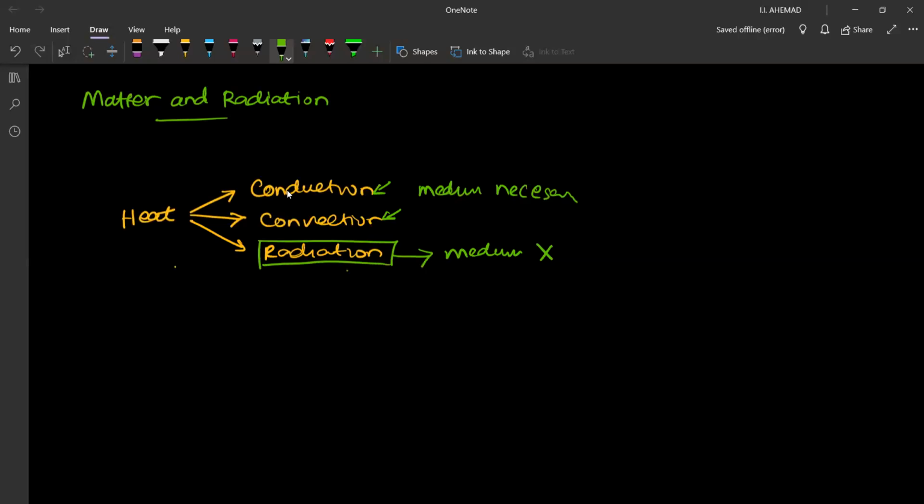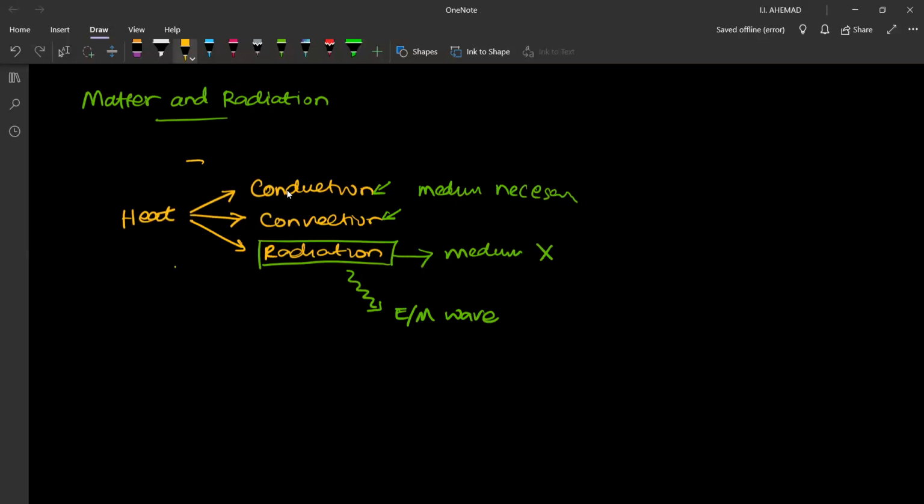Here, heat is transferred as an electromagnetic wave. So it will show all the characteristics of an electromagnetic wave: its speed, refraction, reflection, all of those characteristics are shown by radiation. And this is the method by which the heat from the sun reaches the earth.